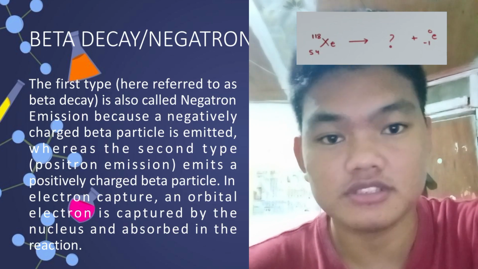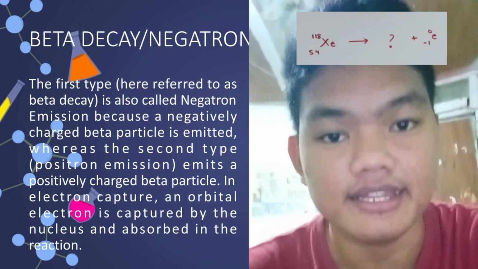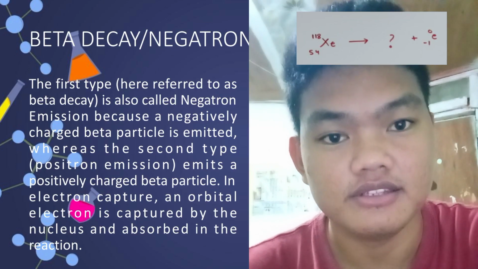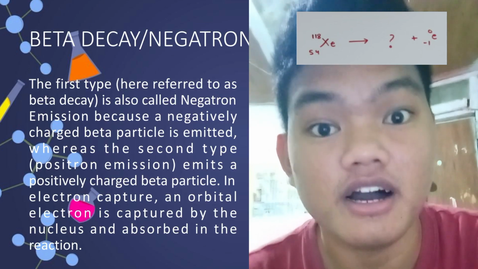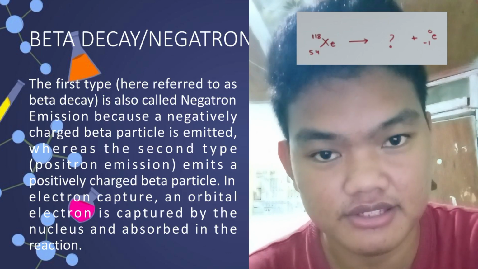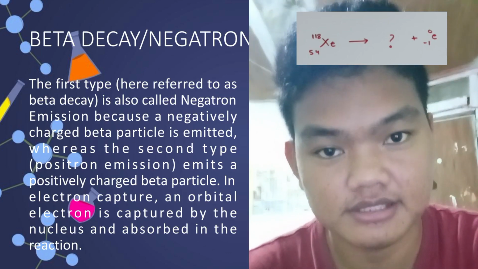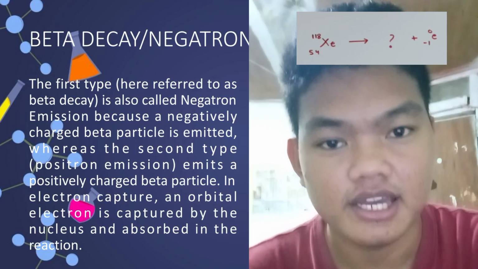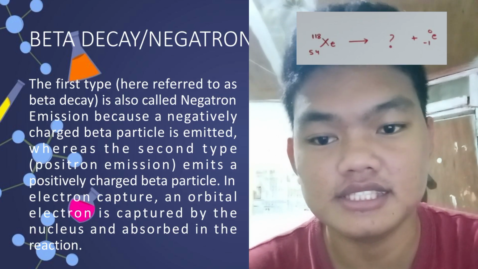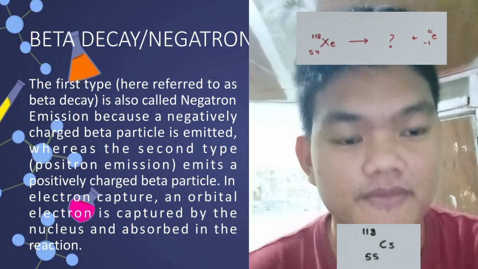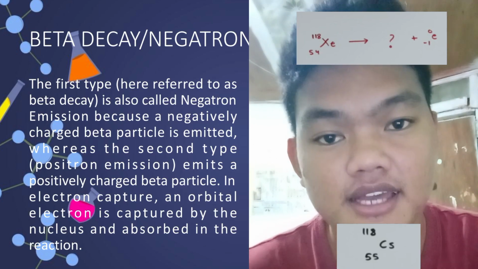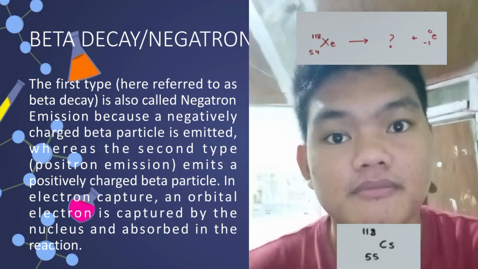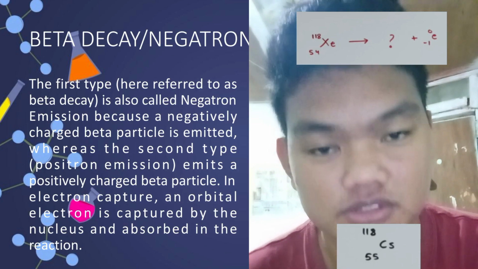But in the case of the atomic number, we will add +1, which is 55. So what element has 118 atomic mass and 55 atomic number? That element is cesium. Cesium, 118 atomic mass and 55 atomic number.